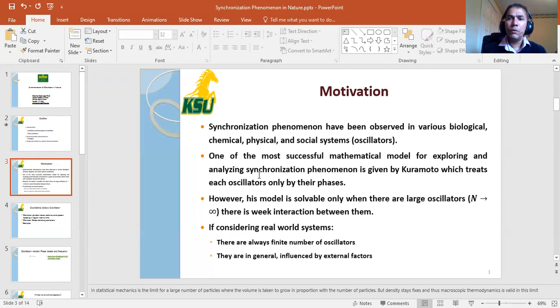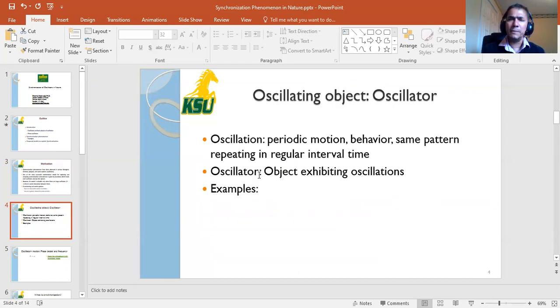Before we get a clear picture of synchronization, let's talk about oscillation. What is oscillation? Like a swing, it is oscillating or repeating the same type of motion in a certain interval of time.